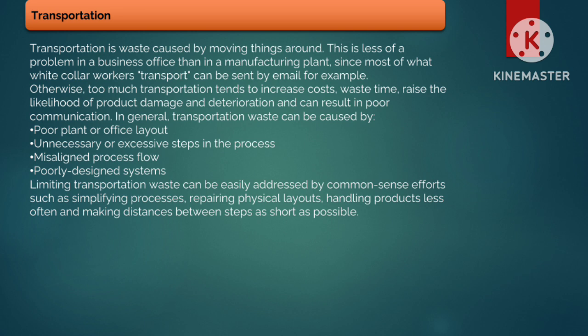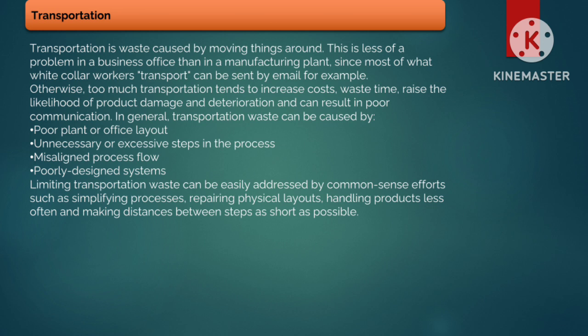So very important in your organization, in your process, if you see that something is taking too much time in transportation, you have to think what can be done better. And Lean Six Sigma provides many tools, many methods, many different approaches that you can come up with out of this transportation wastage.